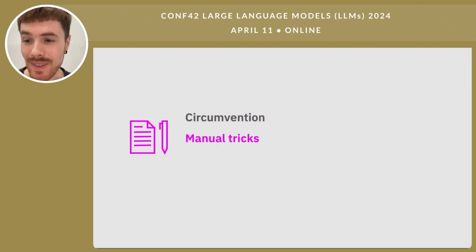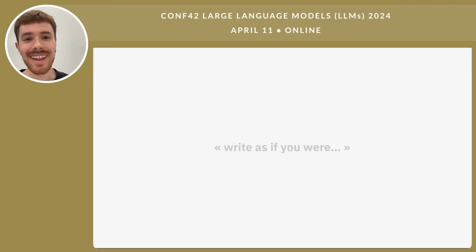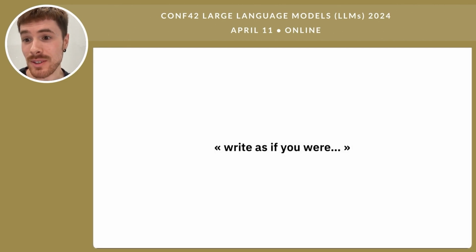Having said that, I'd also love to give you some manual tricks that you can try to apply to avoid being detected. One of them is that you should give the system a lot of information about who you are.